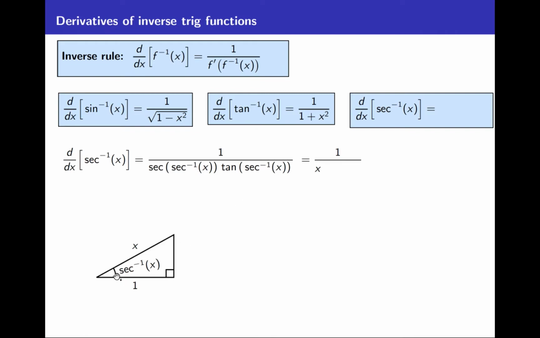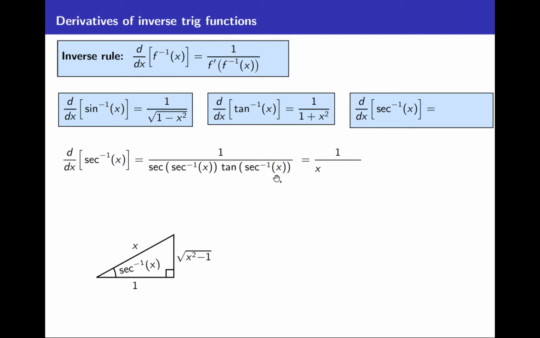In other words, tangent of this angle, and that would be the opposite side here. Well, what is this opposite side? We can actually find out from the Pythagorean theorem. 1 squared plus the opposite side squared equals x squared. So solving for the opposite side, it's the square root of x squared minus 1. So this picture tells us that tangent of secant inverse of x is the square root of x squared minus 1.